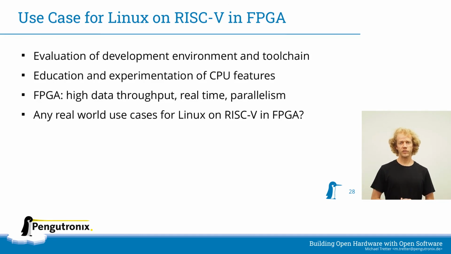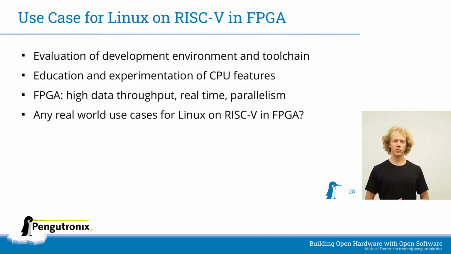We are using RISC-V cores with Linux in the FPGA to evaluate tooling to synthesize bitstreams. I'm wondering if there are any real-world use cases for running Linux on a soft-core CPU in an FPGA, except for bring-up, experimentation, and testing. If we remember the use cases for FPGAs in the beginning, we had high data throughput, real-time, and parallelism.